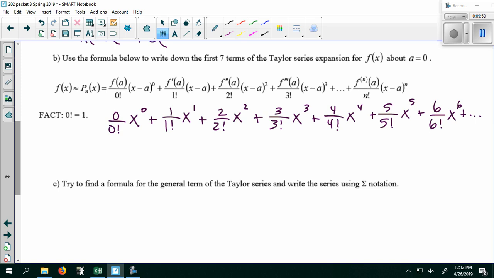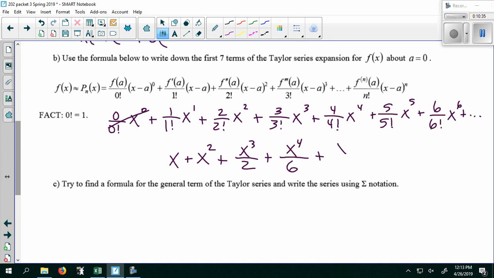And now maybe I'll just simplify them a little bit. This first term is 0, so that goes away. And then I have x plus x squared plus, okay, so 3 over 3 factorial, that's going to simplify to 2. 4 over 4 factorial, that simplifies to 6, because that's 4 over 24.